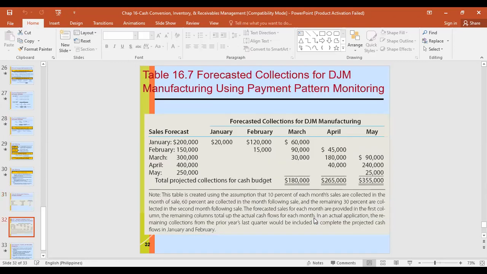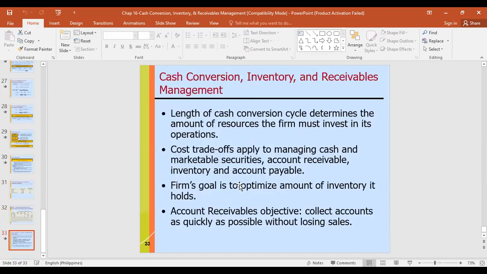Then forecasted collections for DJM Manufacturing using payment pattern monitoring, using again the data for what percent can be collected in the first month, 10%, next month 60%, and the next month 30%. And we can see the total projected collections for the cash budget of the months.